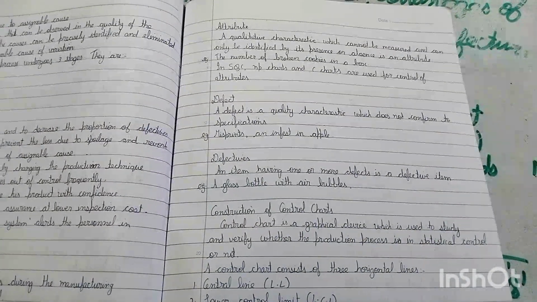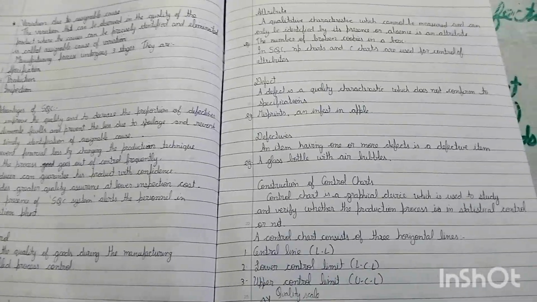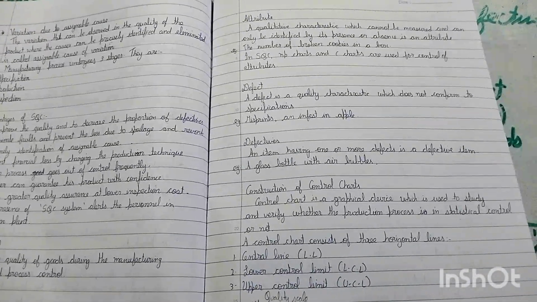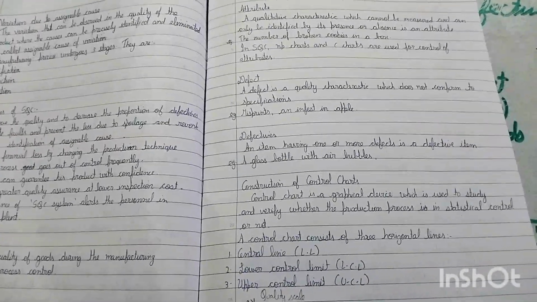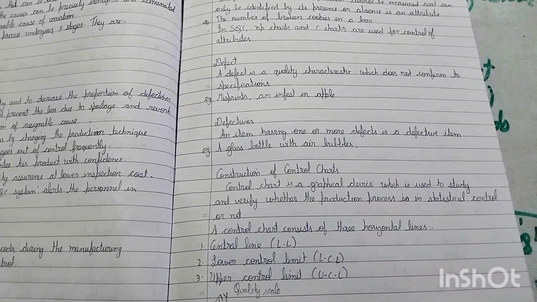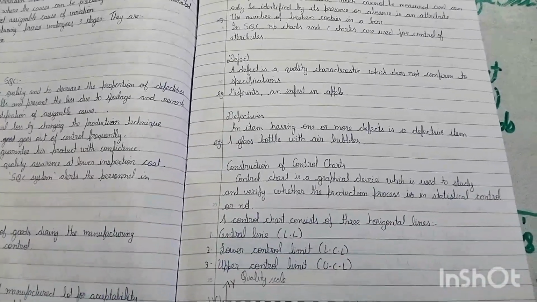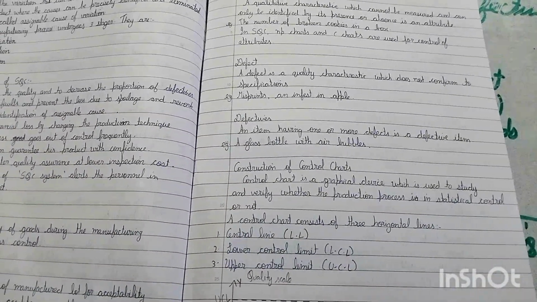Attribute is a qualitative characteristic which cannot be measured. Okay. So variables can be all the sales figures of a company and all of that. Attribute is beauty, knowledge, and all of that. Defect is a quality characteristic which does not conform to specification, and defective is when one item has one or more defects. Okay.